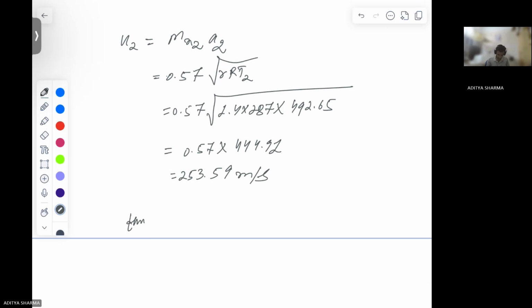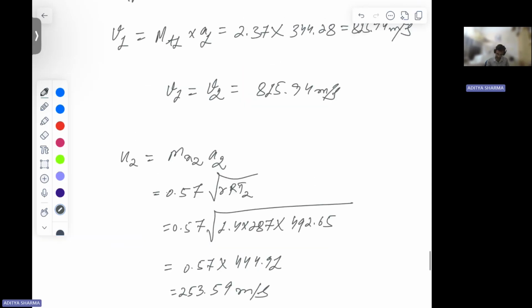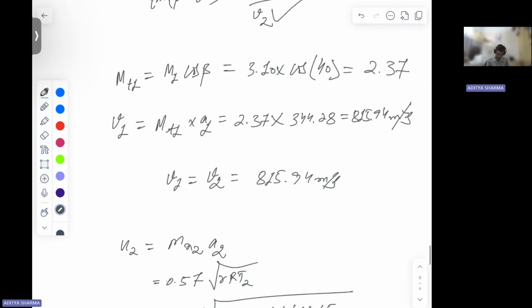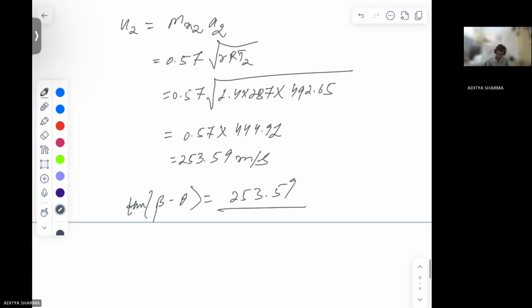Then tan of beta minus theta is equal to 253.59 divided by 815.94.